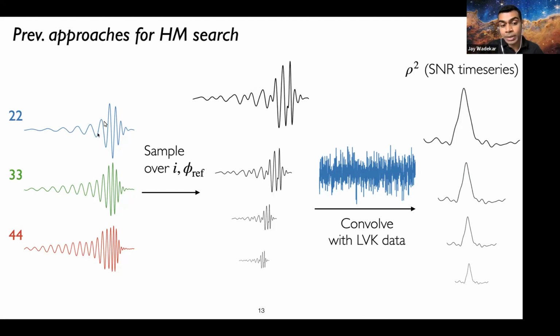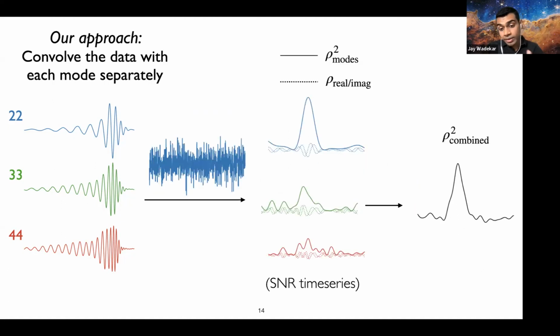So their template bank includes all these combinations of these waveforms, and then what they do is they convolve the LIGO Virgo data with these templates and get SNR time series. So this is just time on the x-axis and the signal to noise on the y-axis. So this was the approach that these previous studies had taken, but we take a different approach.